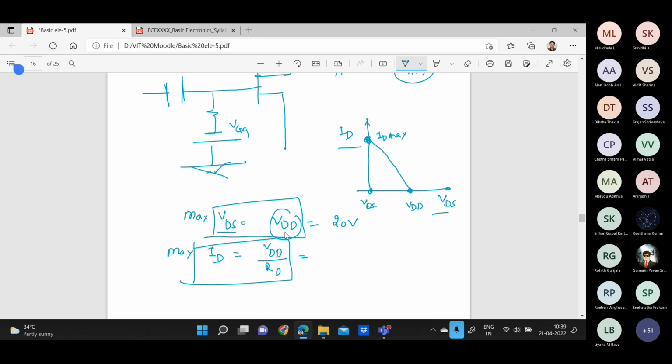So VDS maximum will be VDD, and maximum ID will be VDD by RD. So it's 20 divided by RD, which is 500 ohm. Tell me the value of maximum current ID. Anyone? 0.04. Yes, 0.04 amps.